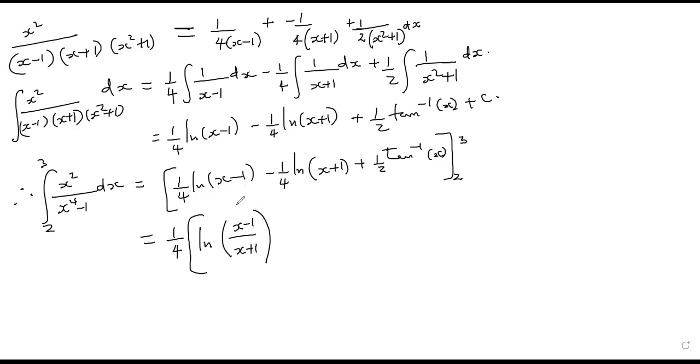I told you that you treat ln as logarithm. Since you're subtracting, you'll be dividing. Then plus, this was a half, but I put out a quarter, so it will be 2 tan inverse of x. So that when you enter this, it becomes a half again. Then from 2 up to 3.